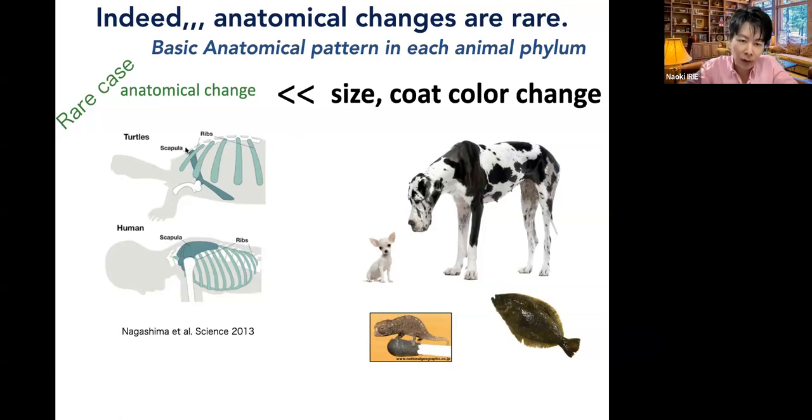For example, the turtle has its shoulder blade in front of its rib cage, which is almost opposite to us, because we have the shoulder blade on the back side of our rib cage so that we can move our arm like this. But turtles somehow changed the position, and it's a very rare case.